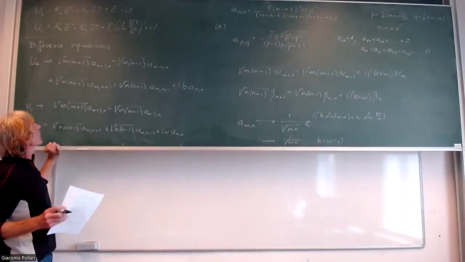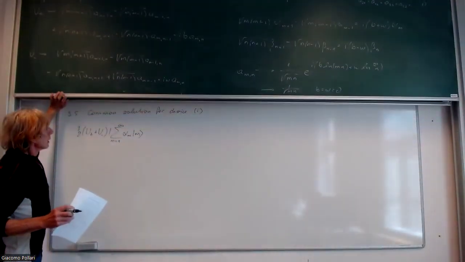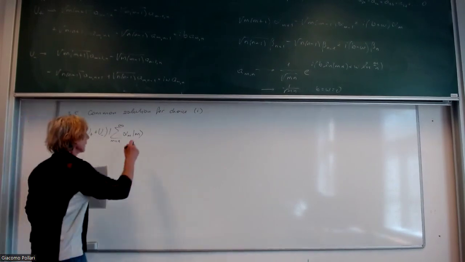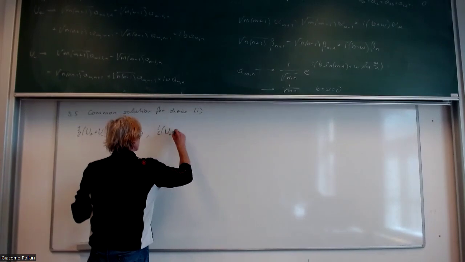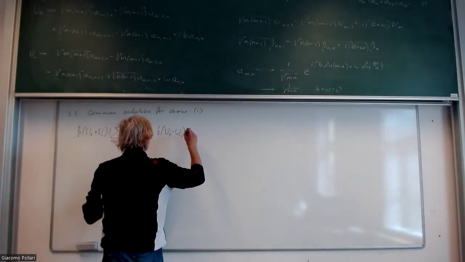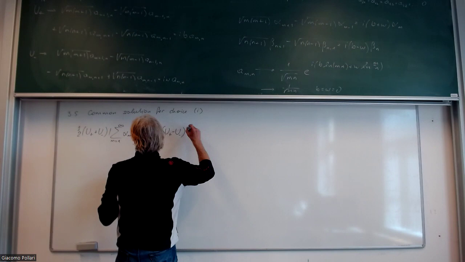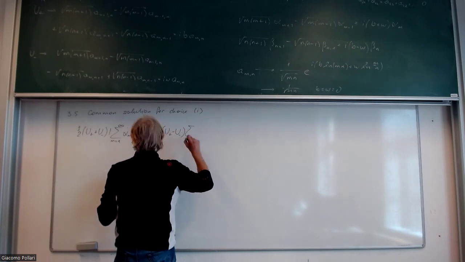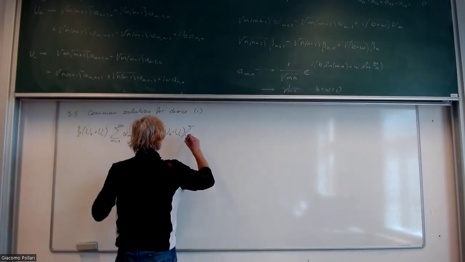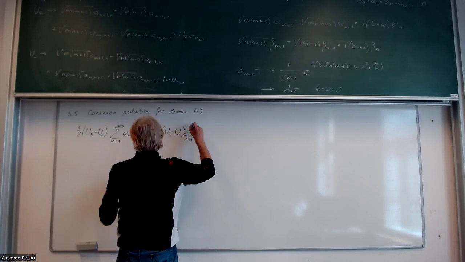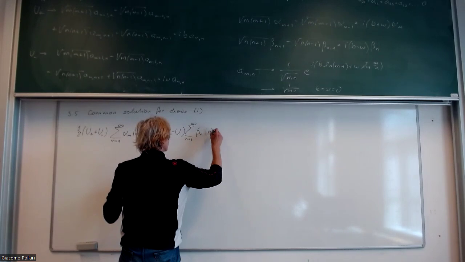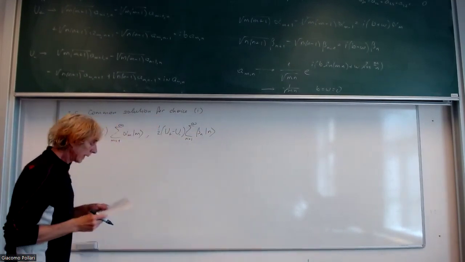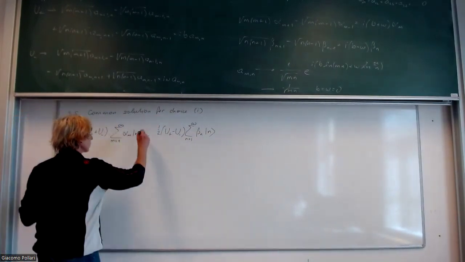The other, one half of u plus minus u minus, acts on the sum over n from 1 to infinity of beta_n.